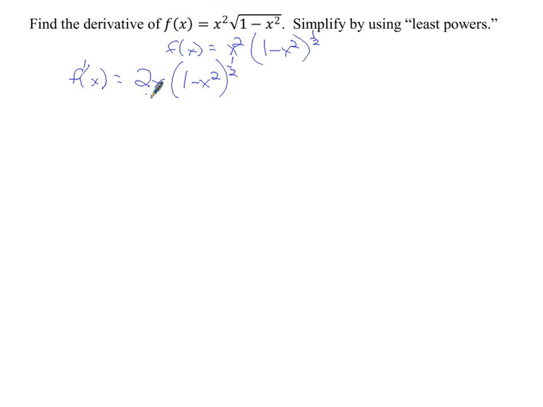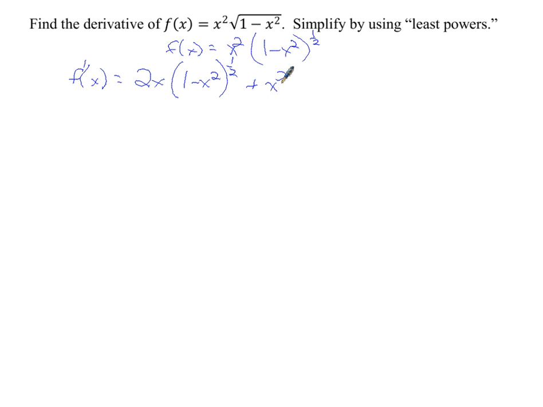So this is f prime, the original g, plus we do need the chain rule for g prime. So, and then it's going to be times f. So what I'm going to do is I'm going to write down the f first so that I don't forget it down at the end.